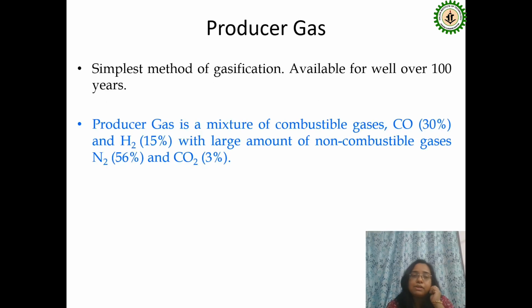Producer gas is basically a mixture of some combustible and non-combustible gases. Primarily four components are present: carbon monoxide, hydrogen, nitrogen, and carbon dioxide. Around 30% carbon monoxide, 15% hydrogen, a huge percentage, 56%, of nitrogen, and around 3% carbon dioxide are present.